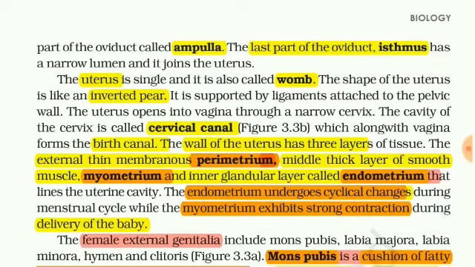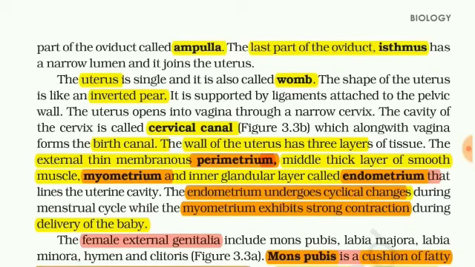The shape of the uterus is inverted pear shaped and it is supported by ligaments attached to the pelvic wall. Ligaments you already studied. The uterus opens into the vagina through the narrow cervix. The cervix has a cervical canal which forms the birth canal. During delivery, the child is delivered through the cervical canal.